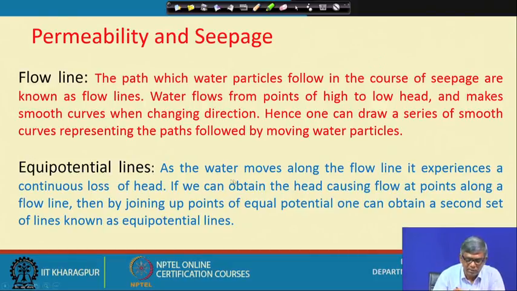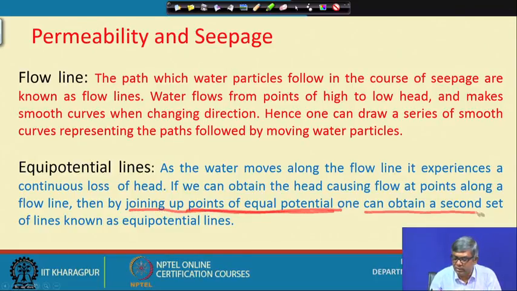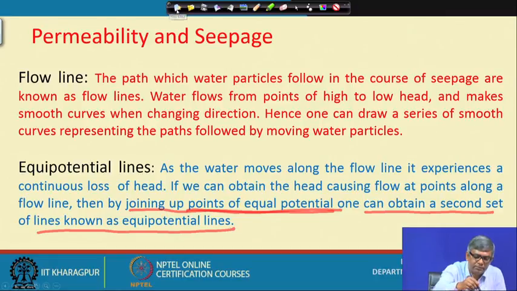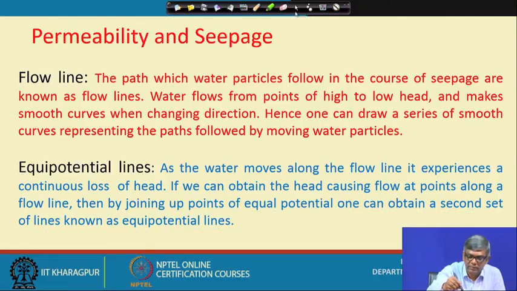As the water moves along the flow line, it experiences a continuous loss of head. If we can obtain the head causing flow at points along a flow line, by joining the points of equal potential, one can obtain the second set of lines known as equipotential lines. So, these two, flow lines and equipotential lines, one can get, and that is the definition of flow line and equipotential line.